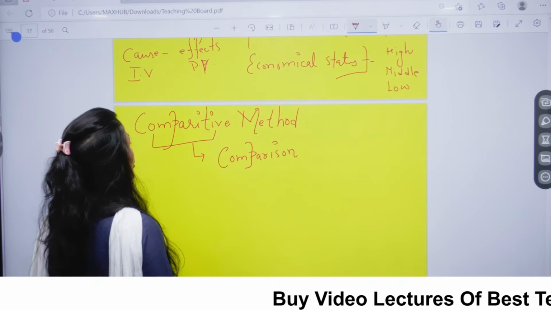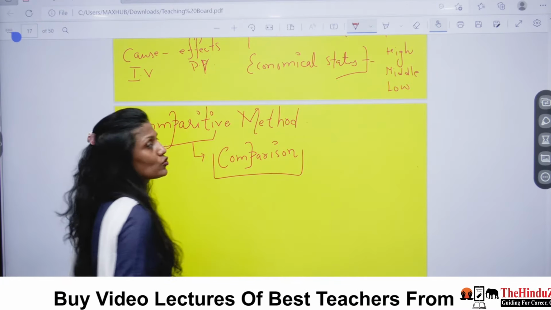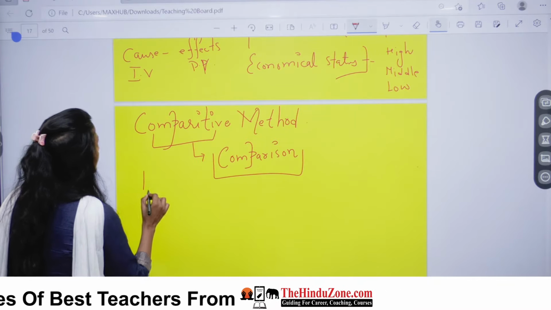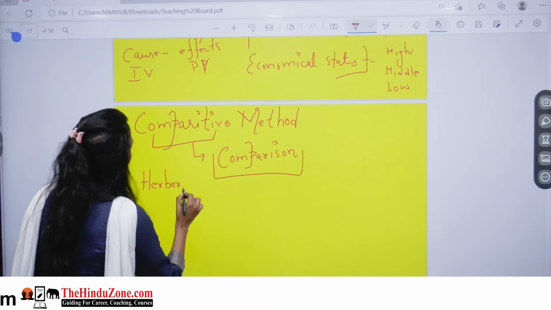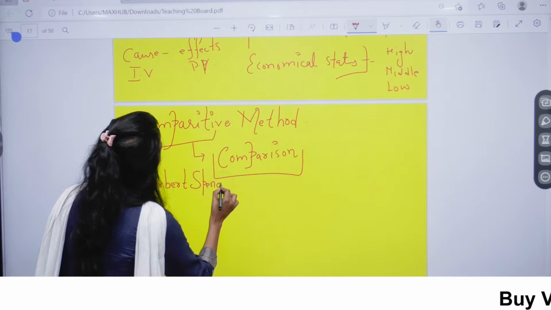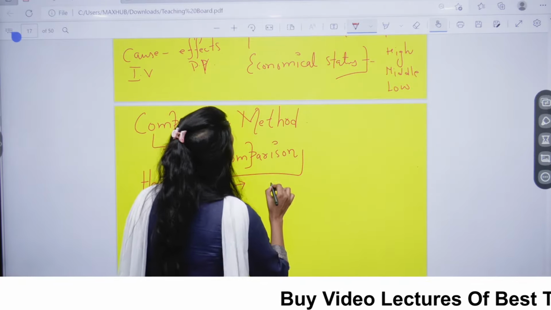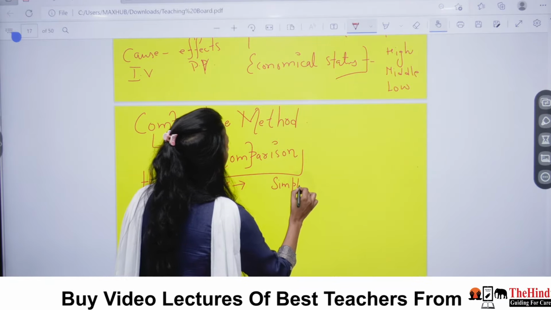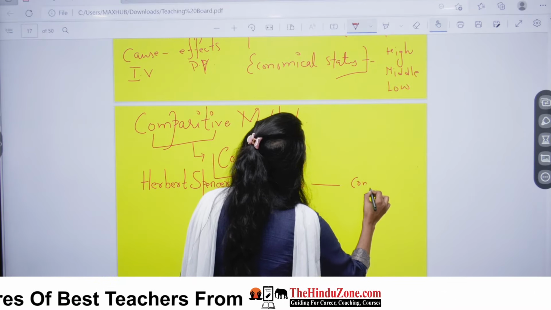For instance, if you understand Herbert Spencer's theory of evolution, what is Herbert Spencer doing? He's comparing societies from simple to complex. All right. So comparative method, let's see how different sociologists have used it. We will begin with Herbert Spencer. He is explaining simple societies and comparing them to complex societies.